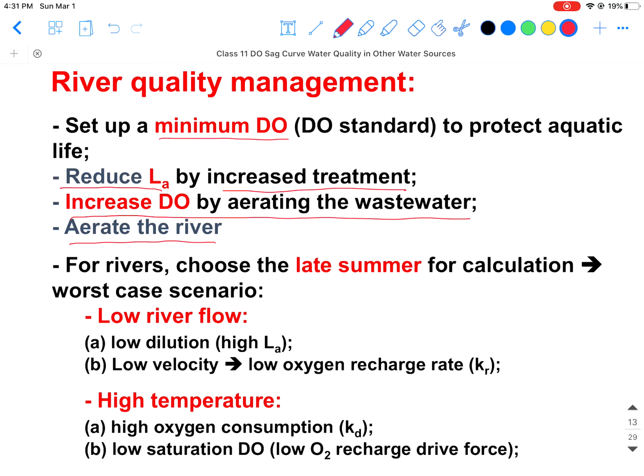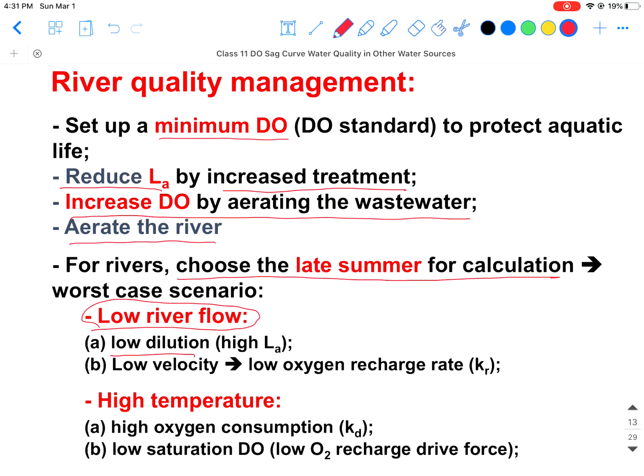For the rivers, the water quality management personnel will choose the late summer for the calculation. So why late summer? For the following 4 reasons. First, during the summer, because of the evaporation, there will be a low river flow. Okay, so the low river flow will give us a low dilution.